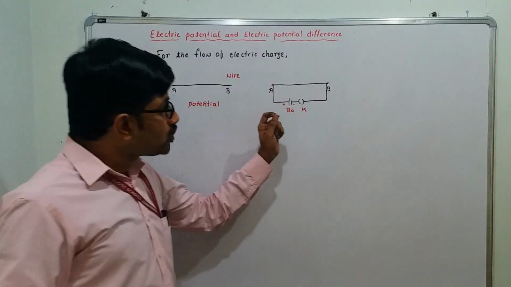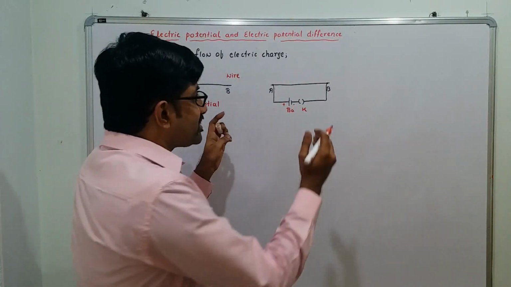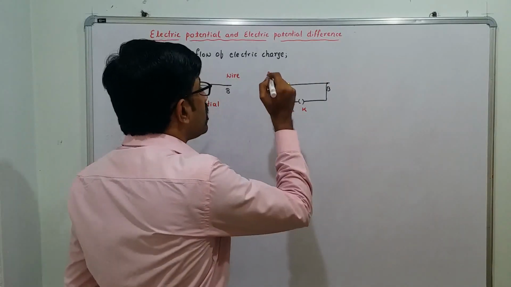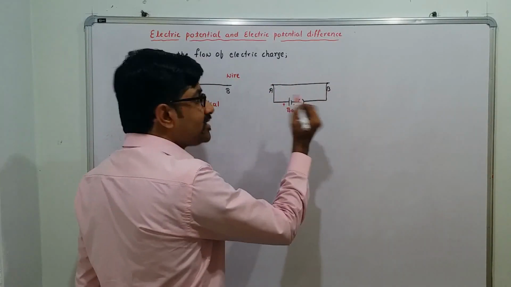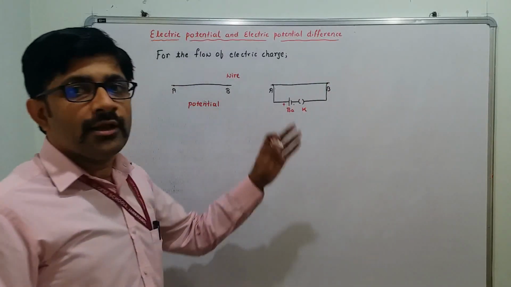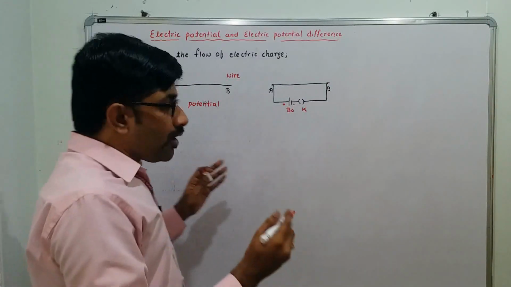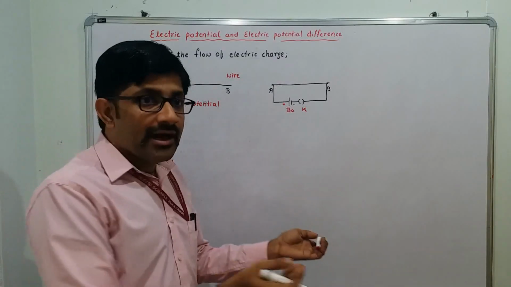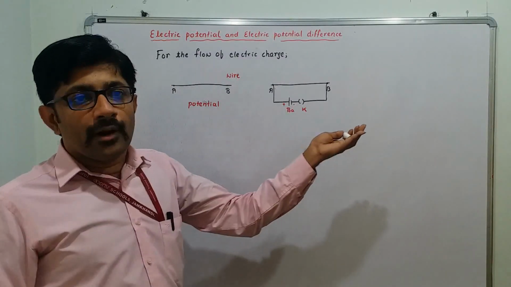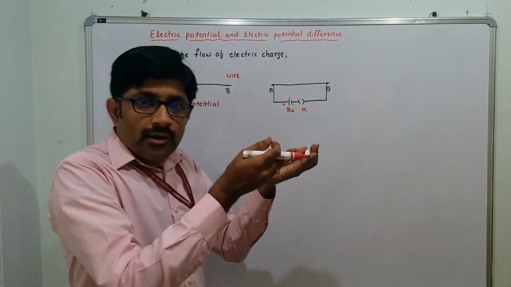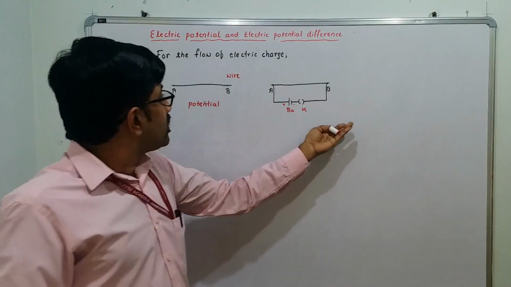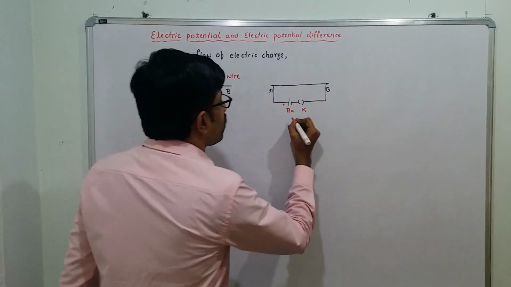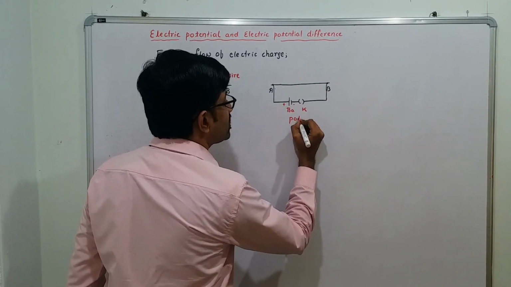Once you switch on the battery, there is a formation of higher potential at one of the ends and the other one will be at lower potential, as if it were the rise and fall of the water level in beaker 2. A similar thing happens, therefore we get the potential difference.